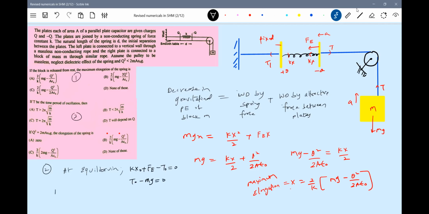Now when the block is slightly displaced and released, then what do we get?